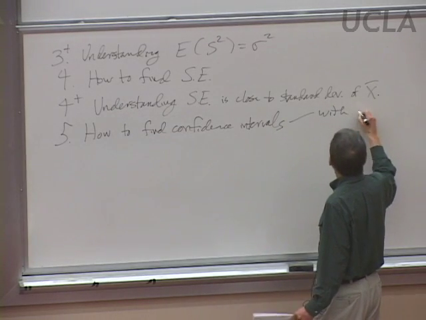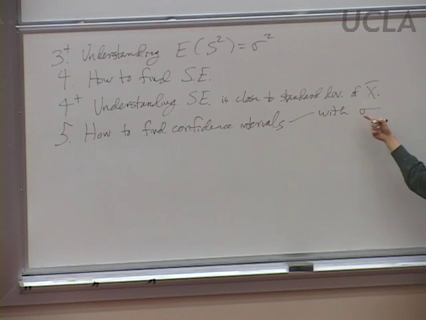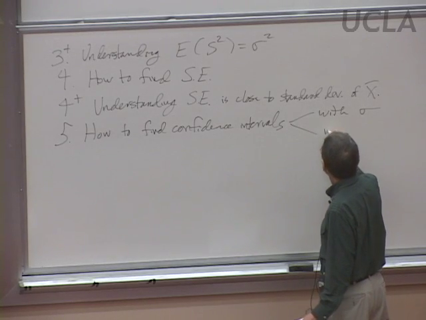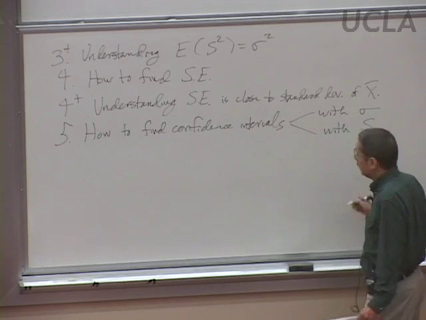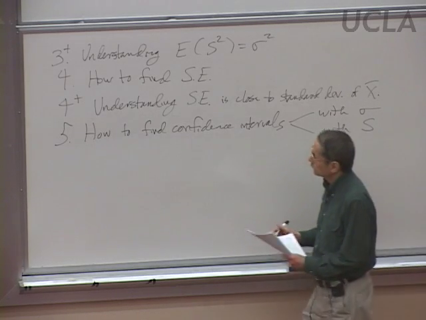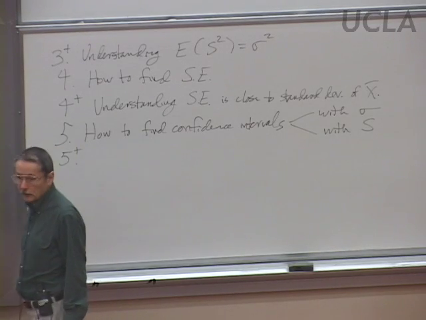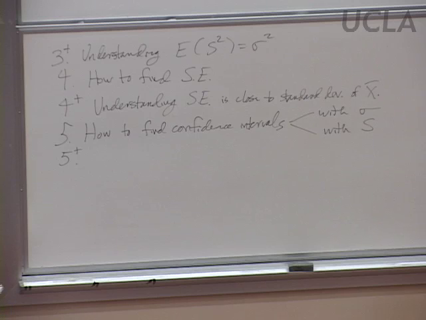Well, if we know the actual standard deviation of the measurements, we can use that. If all we have is the data, well, we figure S should be close to sigma, and we can use that in getting our confidence intervals, say, 93% confidence intervals, whatever.